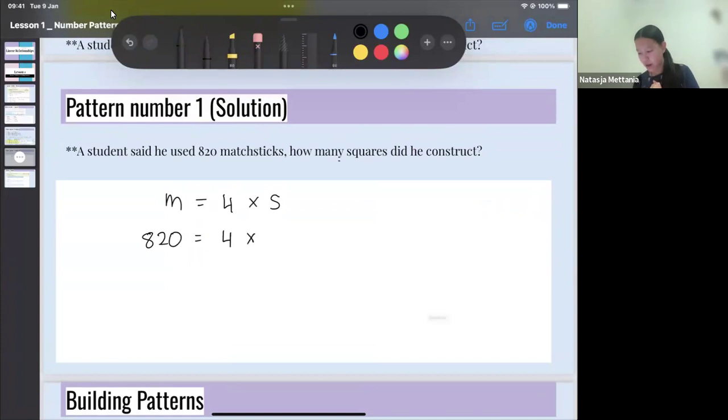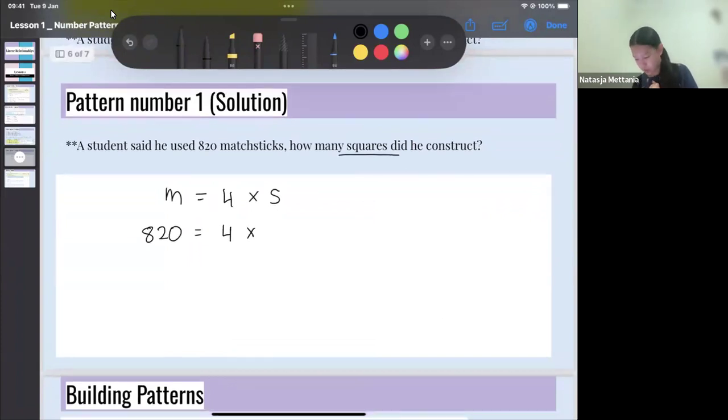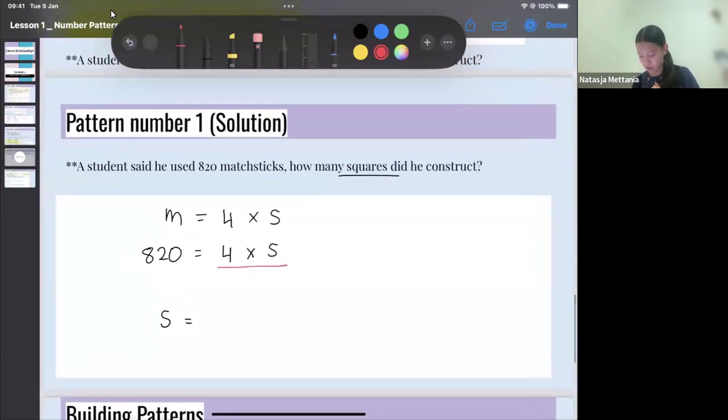I need to find out how many squares. So what I'm going to do is leave S here by itself. If I want S to be by itself, what do I need to get rid of on this side here? Well, I need to get rid of the 4. How do I get rid of the 4? This is a multiplication sign, so I need to divide by 4. I need to do the opposite.